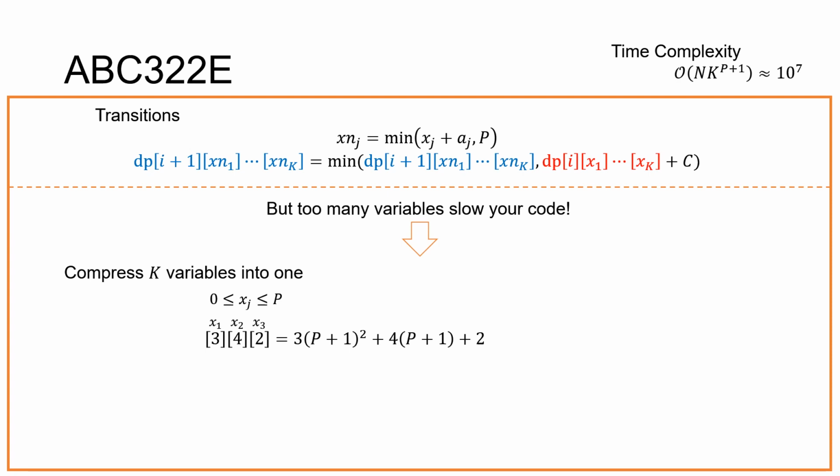Therefore, we only define n instead of the tuple of x1 to xk, and this is kinder for the calculation system. But for our code writing of the transitions of DP, we must know how to reconstruct x1 to xk from the number n.